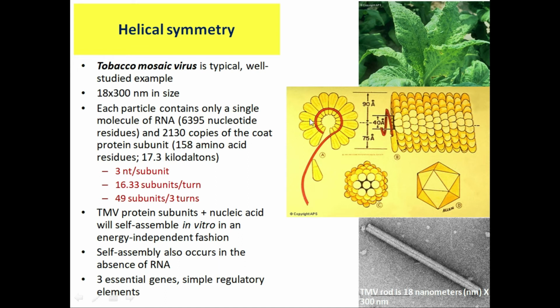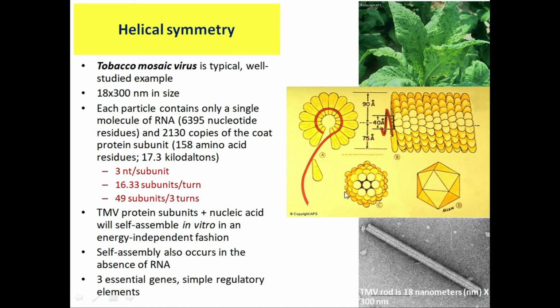So this much of detail we know about tobacco mosaic virus. Now thing is, tobacco mosaic virus protein subunits and the nucleic acid molecules, that is RNA molecules, will self-assemble in vitro in an energy independent fashion.